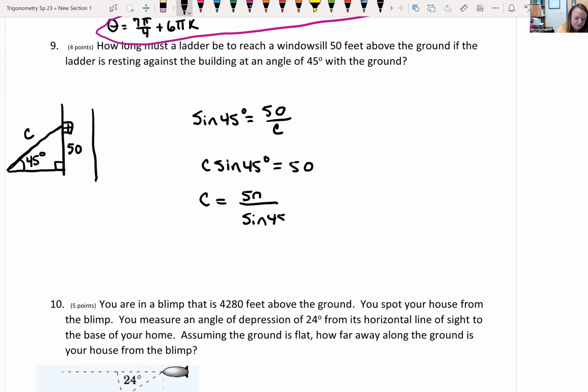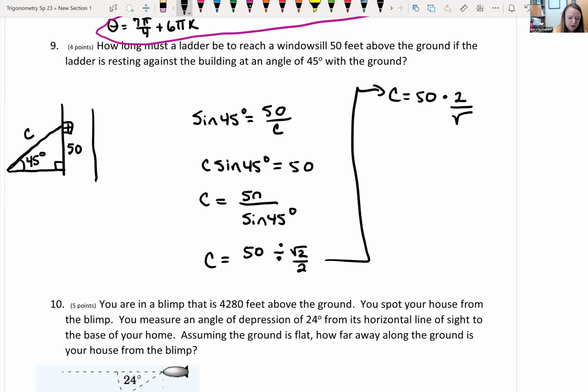If you wanted to, you could have evaluated that first. So we get c is equal to 50 divided by sine of 45 degrees, which is root 2 over 2. So division with fractions, copy the first number down. So 50 times the reciprocal. So that's going to be 2 over root 2. So 100 over root 2, rationalizing our denominator, multiplying this by root 2 over root 2.